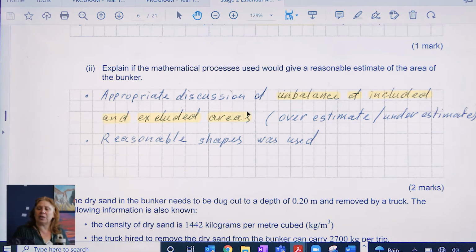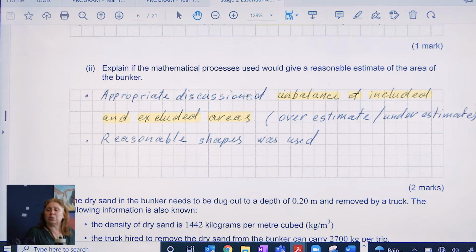But in general, when they are using these rules with shapes to cover an irregular shape, we want them to talk about the balancing, including and excluding areas: how much is left outside and how much is left inside. So this balance we want to see, and they need to mention whether it is reasonable or not reasonable to use that method.